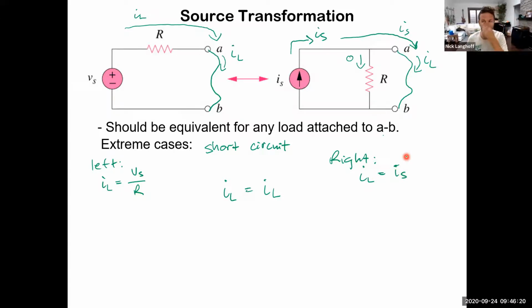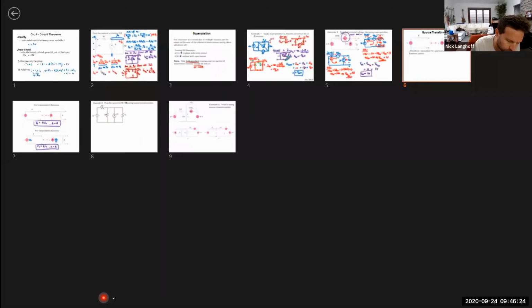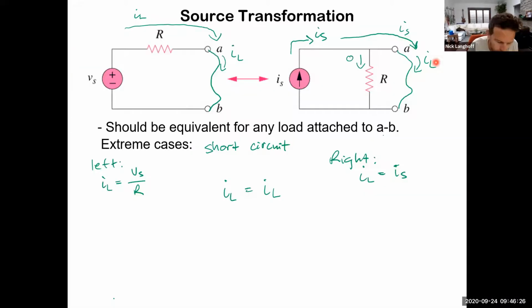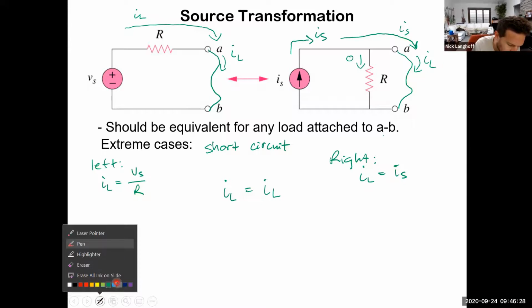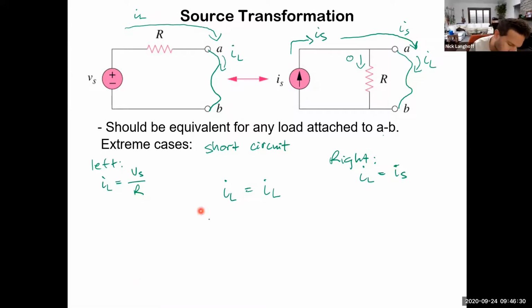All right, so if we go and then say that the left-hand side should be transformable to the right-hand side. So what we have then is, as we said, IL should equal IL, or that we have VS over R on the left side, right?